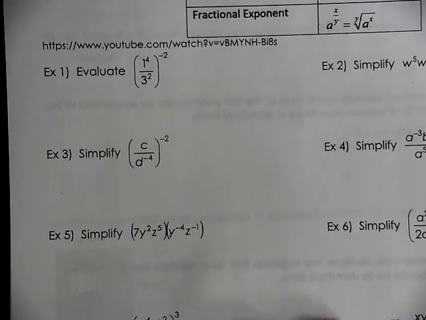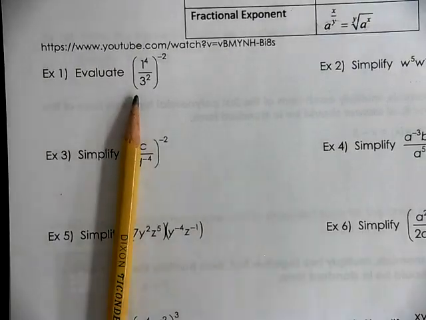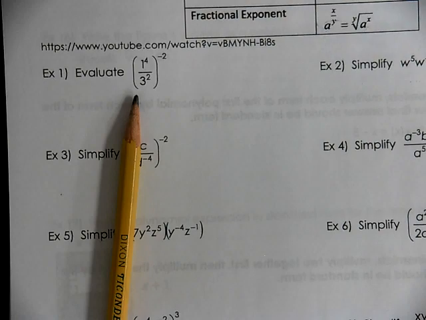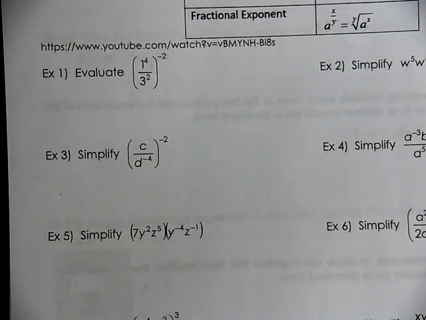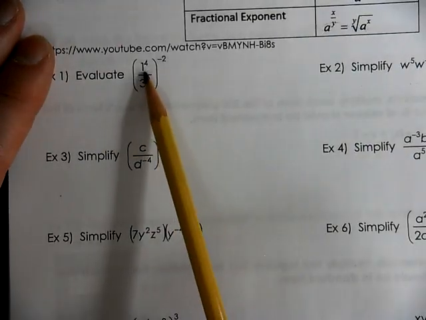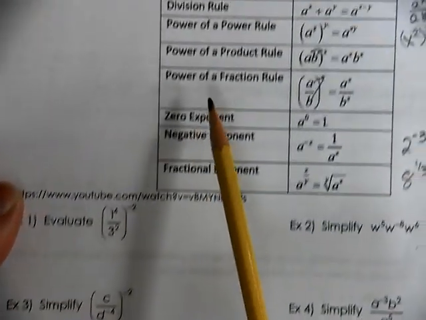So we're going to come over here, and we're looking at that one. How are you going to apply the property that you just learned to this one? Which one does it match? Well, it's a fraction raised to a power.